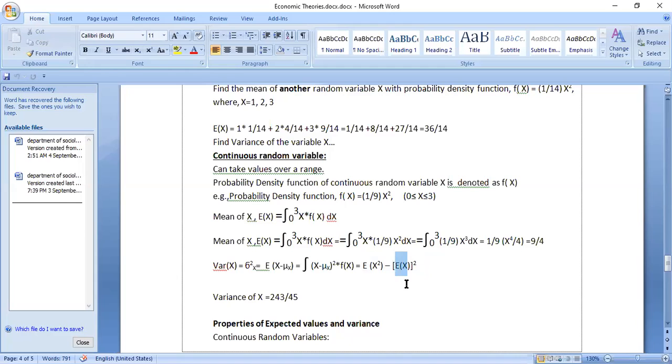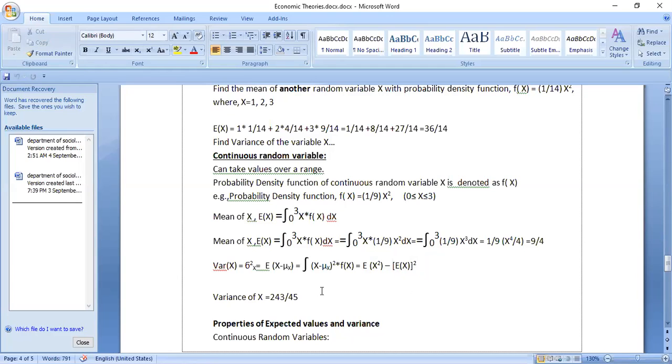So first thing, did you find expected value of x? Yes, Professor, I can hear you. So first thing, we have found expected value of x. Okay, now you need to find expected value of x squared.